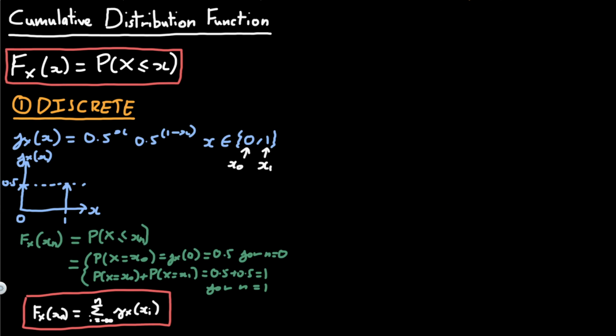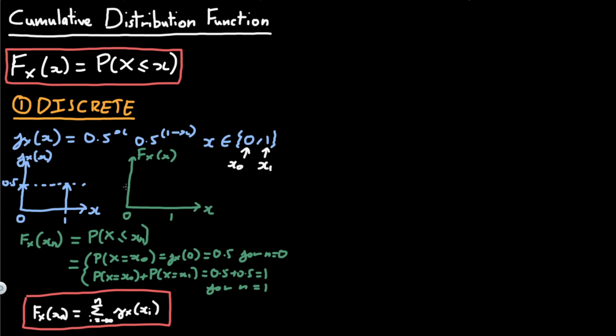So we can also draw this graphically. We have a similar graph where the inputs are, in this case, still 0 or 1 for heads and tails, except now the y-axis will represent the cumulative function. And remember, we saw that for 0 we had the value of a half.